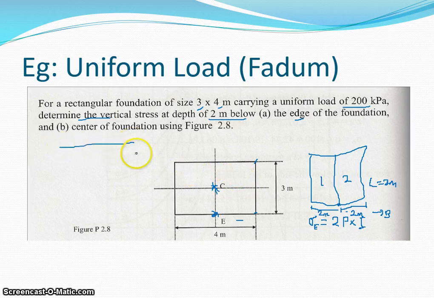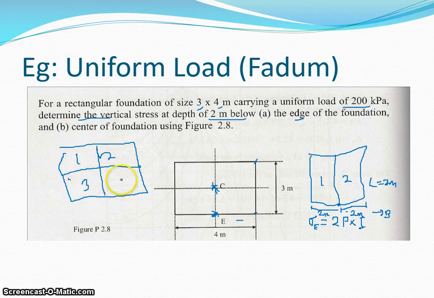So you will have 1, 2, 3, 4, and you have C here, C here, C here, and C here. So you actually want to define 4 times of rectangular.